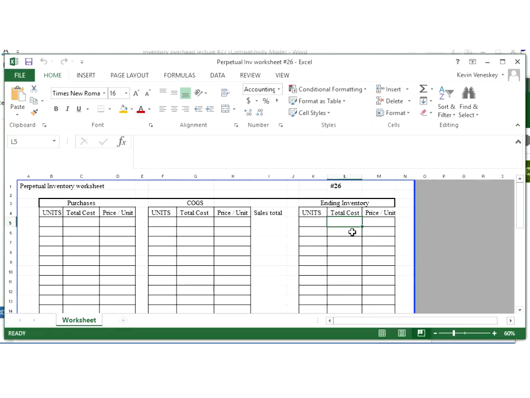This is kind of our catch-all columns over here, where we're going to update our inventory, basically our T account. And then every time we make a sale, I'm going to update to show how much of my inventory was needed to leave. And I'm going to put it as well over here in my ending inventory. So you'll need to bring up a clean sheet of this ending inventory worksheet. And we're going to go through how to do this with all three methods.